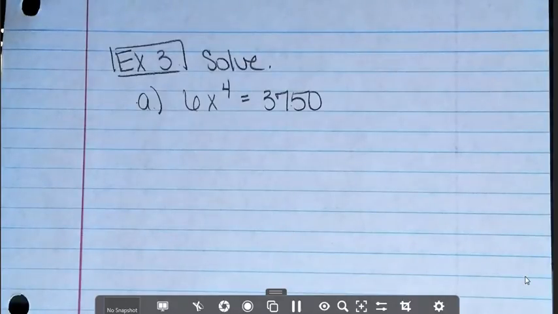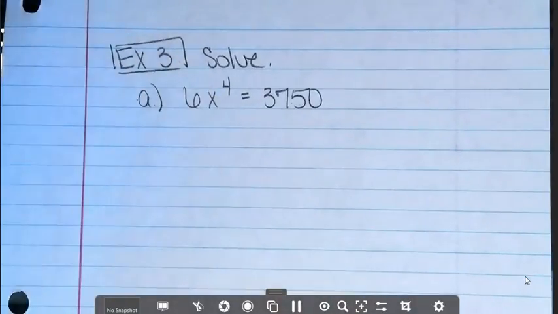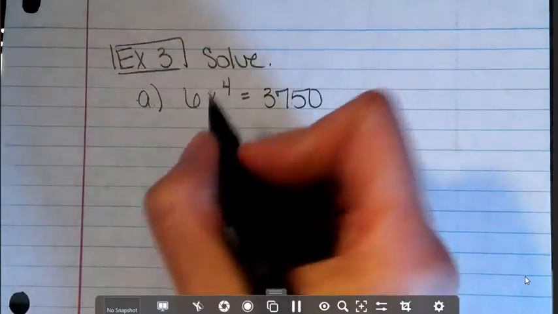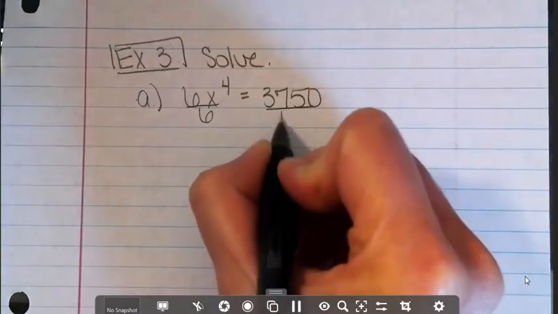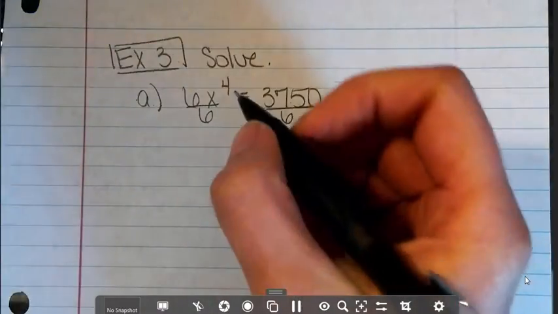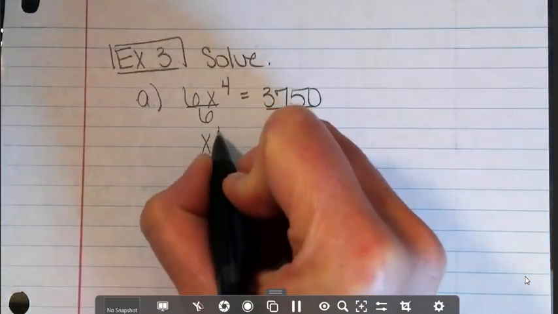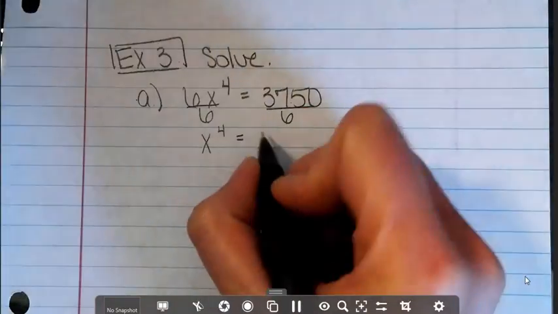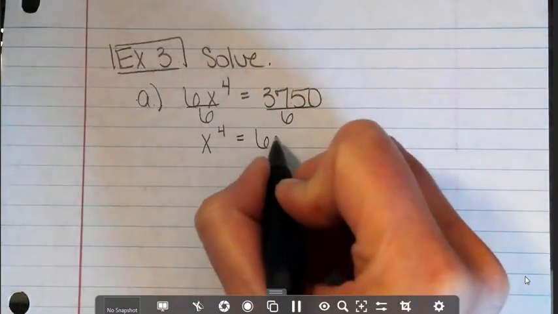So the first thing I want to do is get x alone as much as I possibly can. And when you're thinking about order of operations, when you're solving, you're usually working backwards on order of operations. So I'll deal with that exponent very last thing I do. What I see now is that x is also being multiplied by 6. So that means I'm going to divide both sides by 6. So now I get x to the 4th equals, and that will be 625.